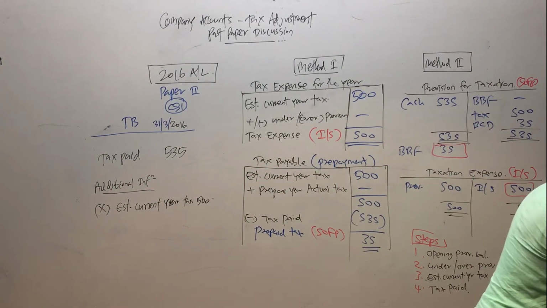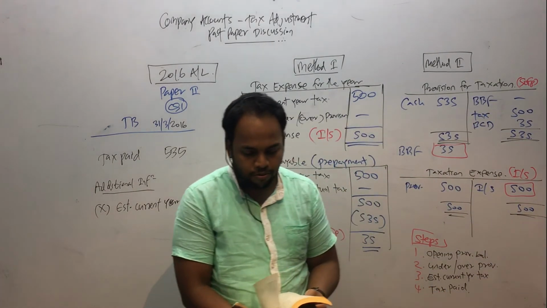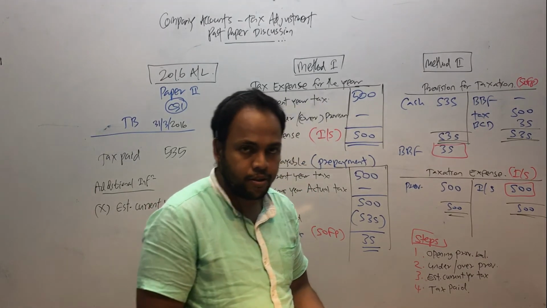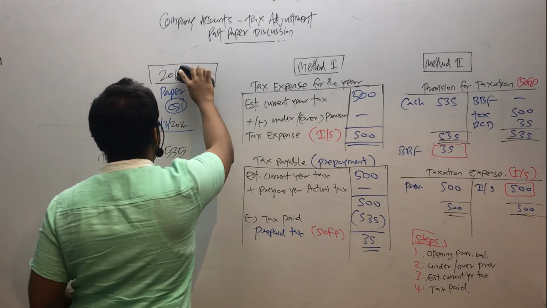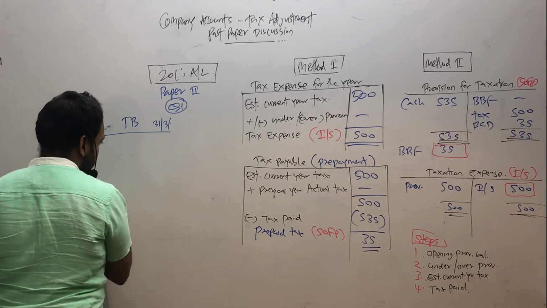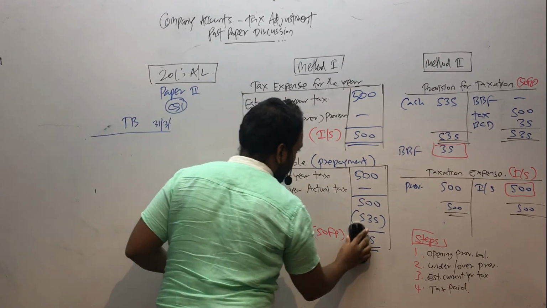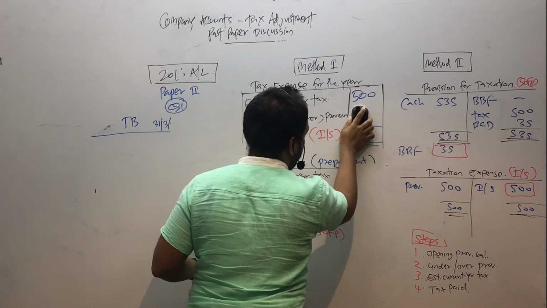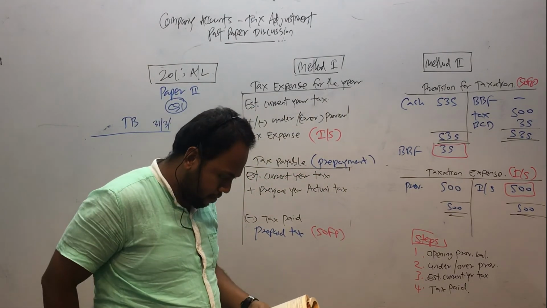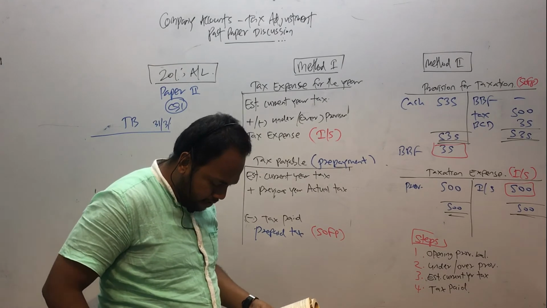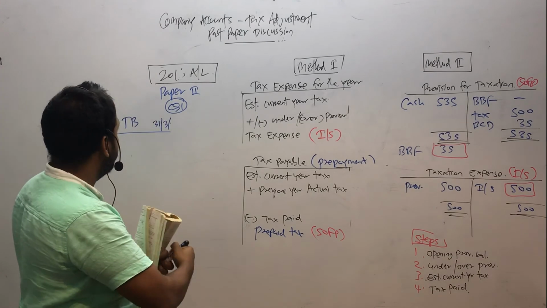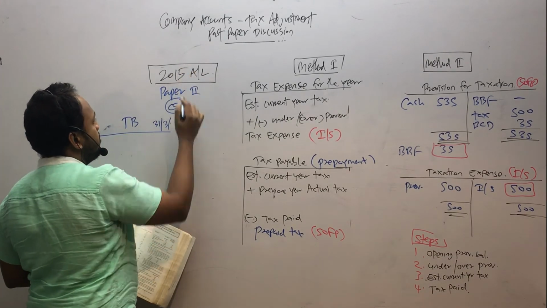So we move on to another question. Let me take 2015. In 2015, second paper, the trial balance as at 31st March 2015 of Saranga PLC. So now I am doing 2015 A level.